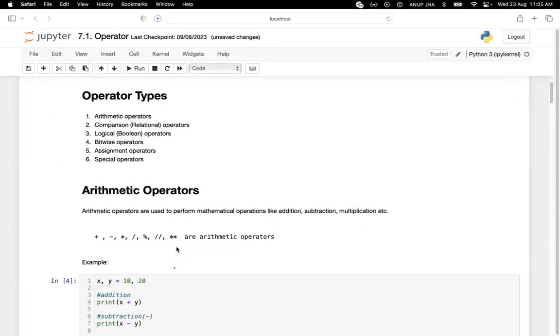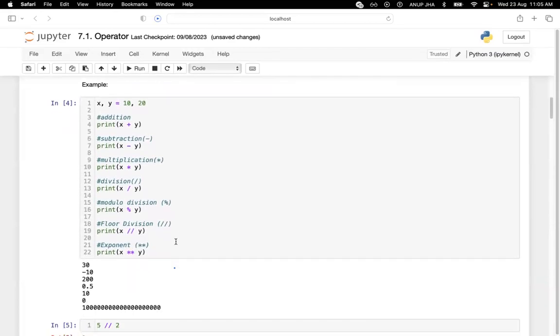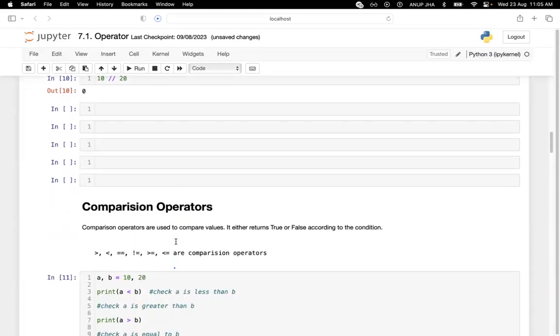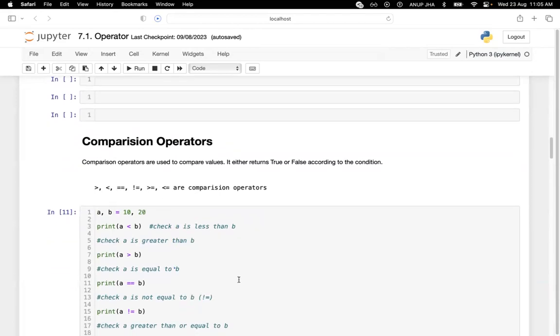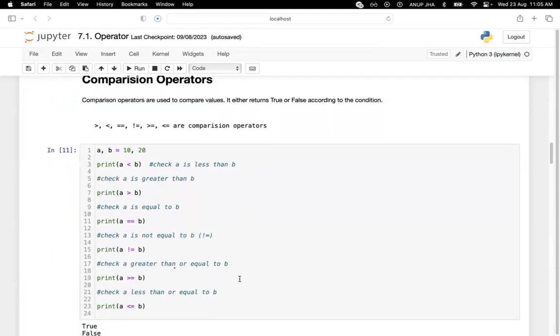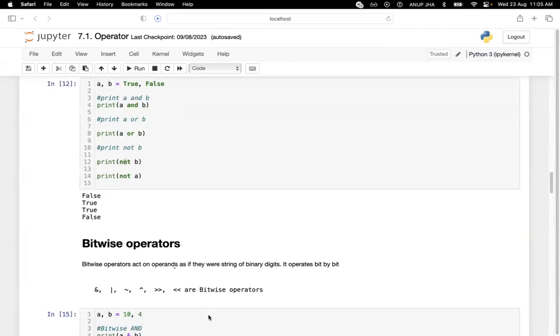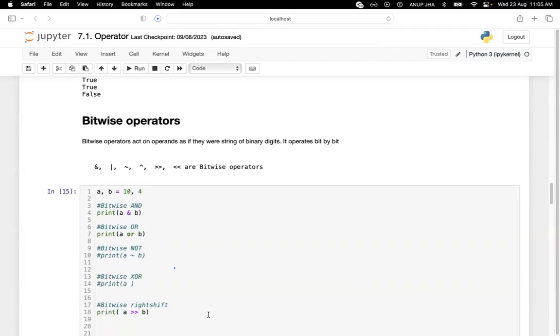You have to read this sheet and try all this by yourself, taking different examples. You have to try every comparison operator and every logical operator by taking examples on your own and understand. And this bitwise operator you also have to try.